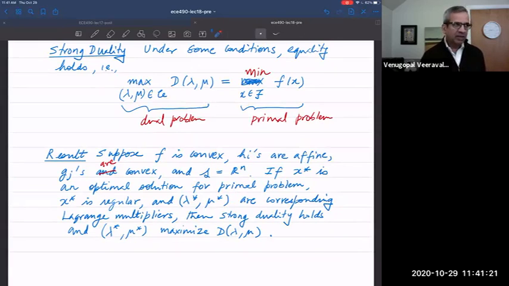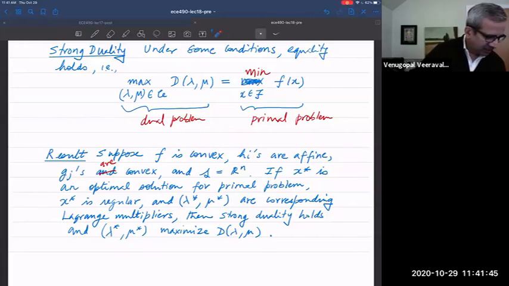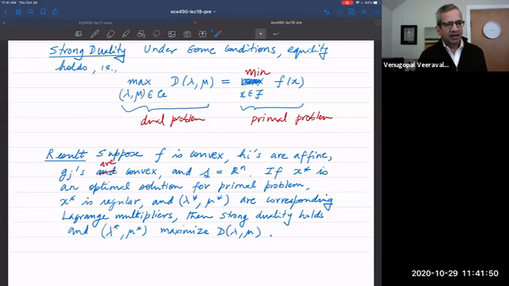But we also saw something before for linear programs: Lagrange multipliers will exist even when we don't have regularity. You can think of it as getting rid of certain constraints that make the problem not regular, so regularity doesn't really come into the picture.